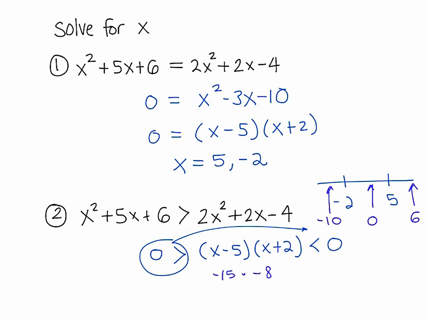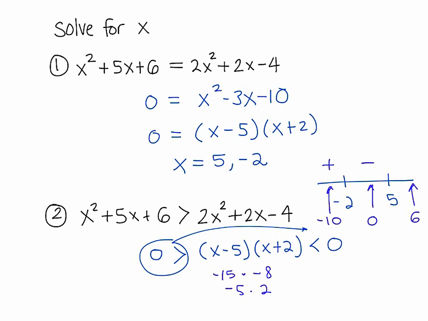So negative times a negative. Here again, I don't care too much about what the actual number is, but I'm curious to see whether it's going to be a positive y value or a negative y value. In this case, it'll be positive. If I plug in something like 0, you would be left with negative 5 times positive 2. Negative times positive, that's negative.